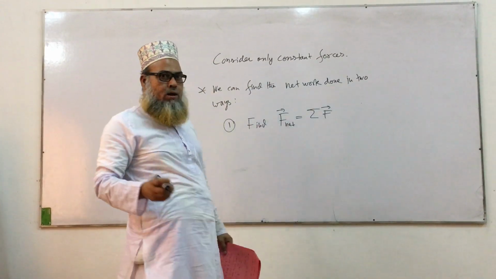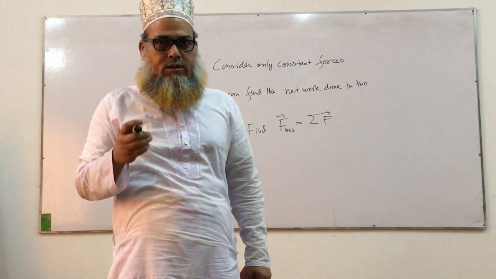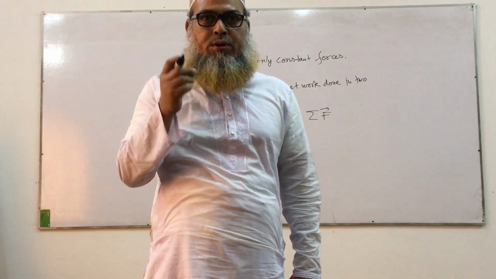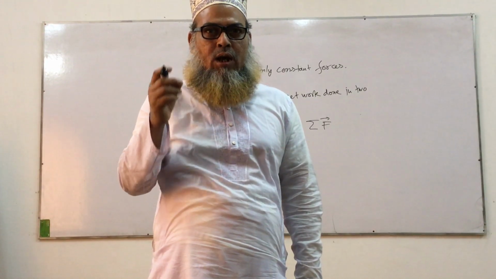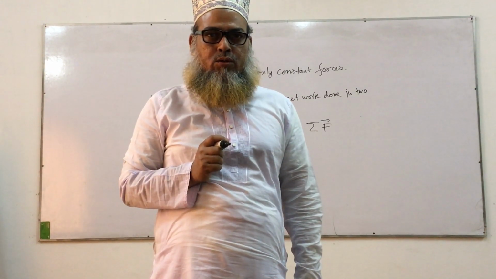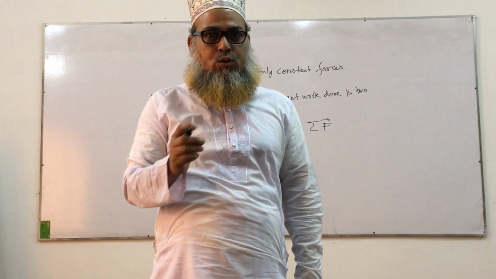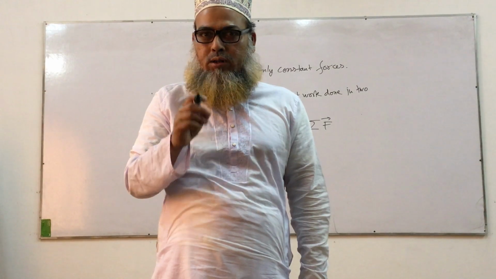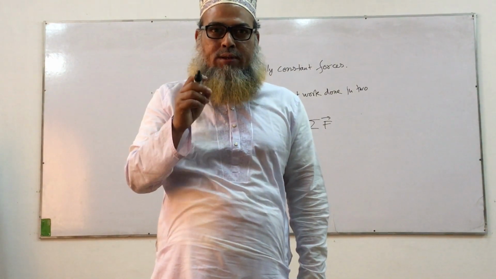That means the situation is like this: you have one body, and several forces are acting on that body. So your first job is to find the total force acting on the body. How do you find that?